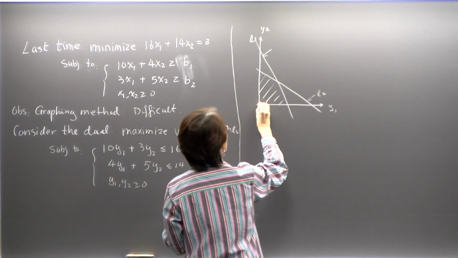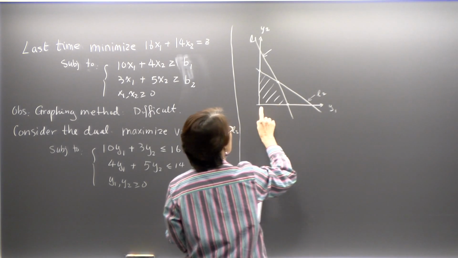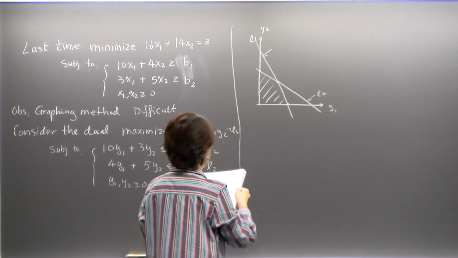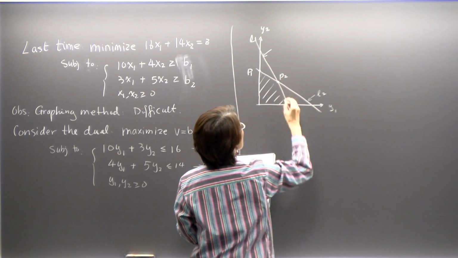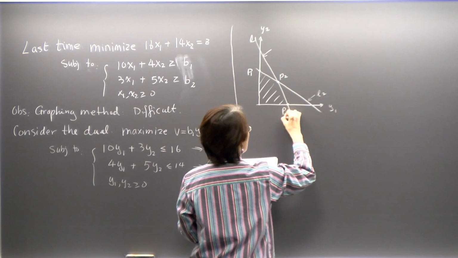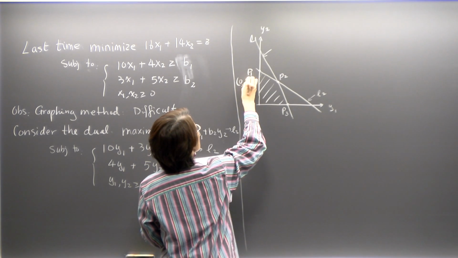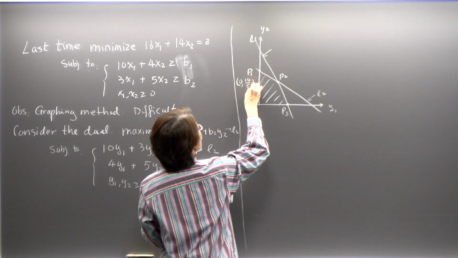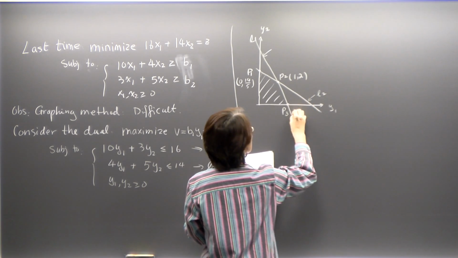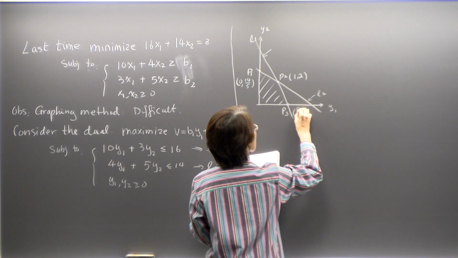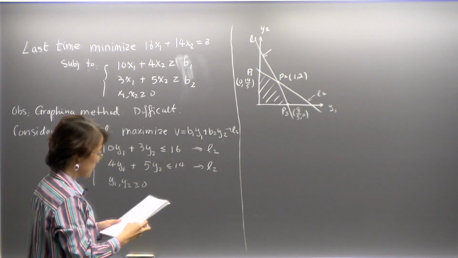So I have 4 vertices, and I know this one is not a candidate, and let's label the other 3, P1, P2, and P3, and you can find their coordinates: P1 is 0, 14 over 5, P2 is 1, 2, and P3 is 8 over 5, 0. I know these. Okay.